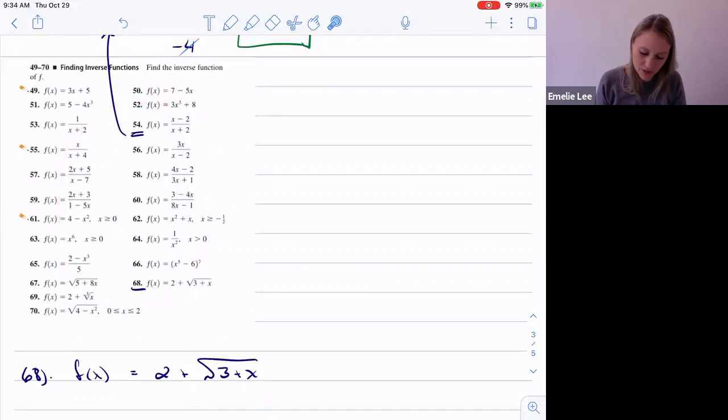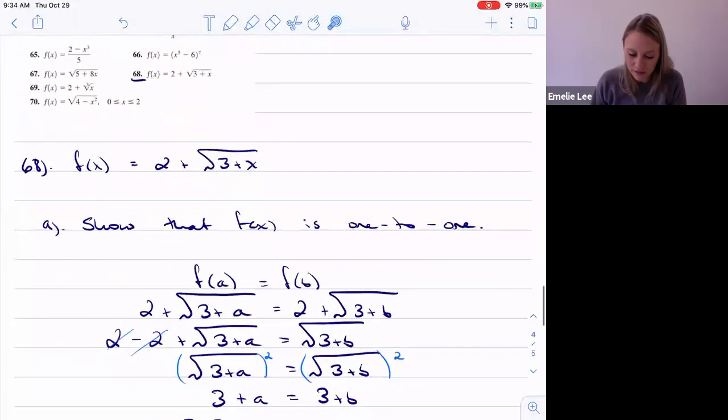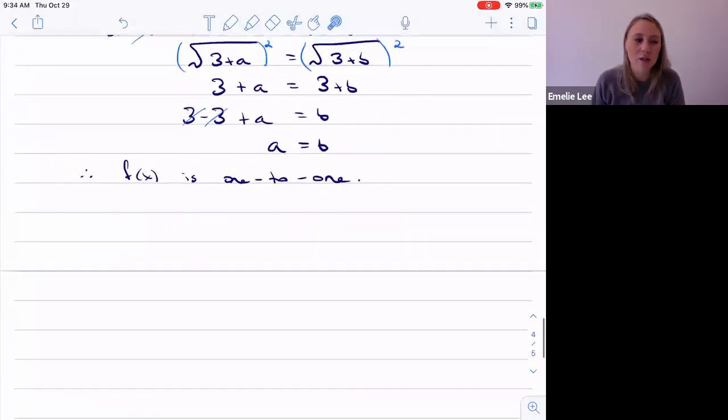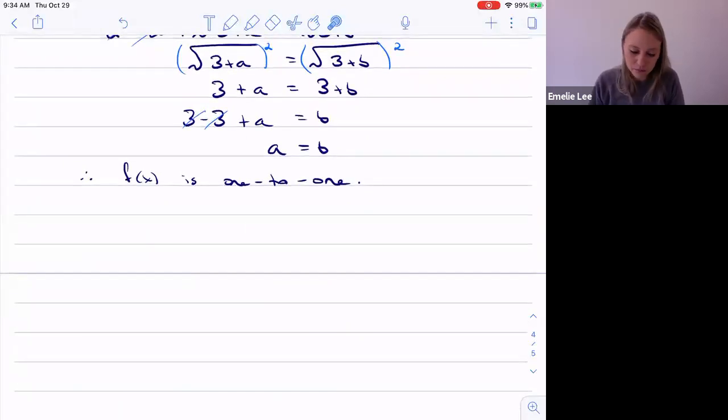I would exclude the ones with the ranges. Don't worry about those. You should be able to go through and show that each one of these is one-to-one. Same thing, you should be able to go through each one of these and find the inverse and do the function composition. That's a lot of work. But I want you to be really comfortable with shifting things around and solving for values, because it's going to be really important in your other courses.